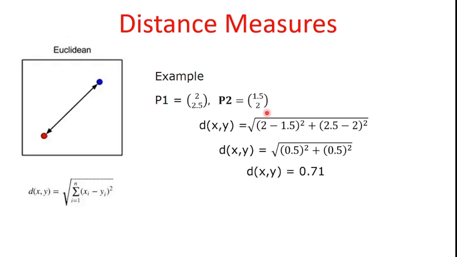How to measure the distance: distance of x, y is equal to the square root of (2 minus 1.5) whole square plus (2.5 minus 2) whole square. If you simplify, you will get 0.71.